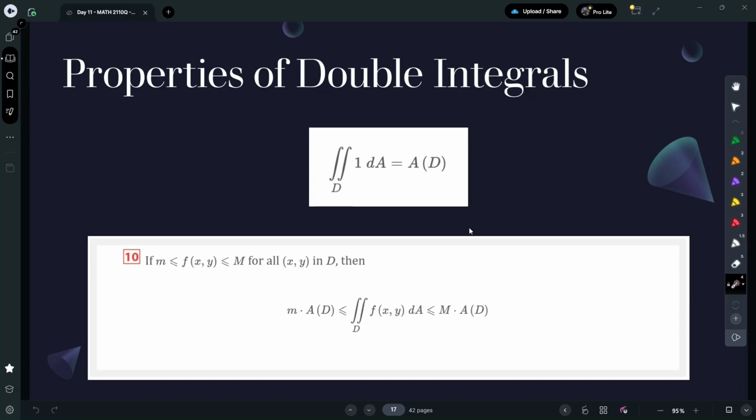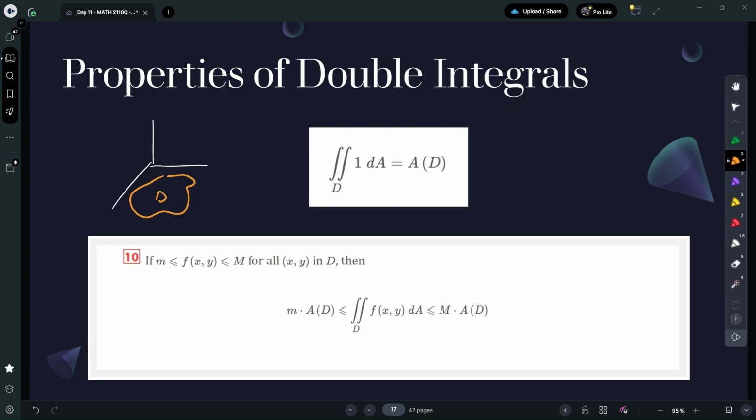Another property that is useful is that you can compute areas of regions with double integrals. That is because if I have some region, let me just draw it here. This is my region D in the xy plane.